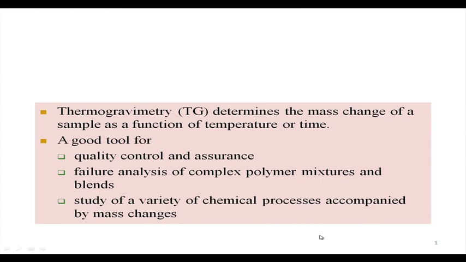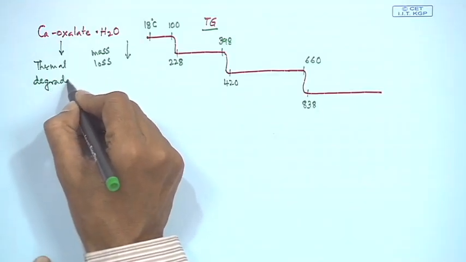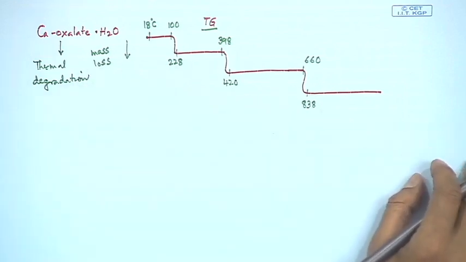And also we can use this for a variety of chemical processes accompanied by mass change. So, we will just take that example. We have taken this particular example, that calcium oxalate, what we have seen, that a chemical process, that means the thermal degradation, we can consider it as a typical chemical process.